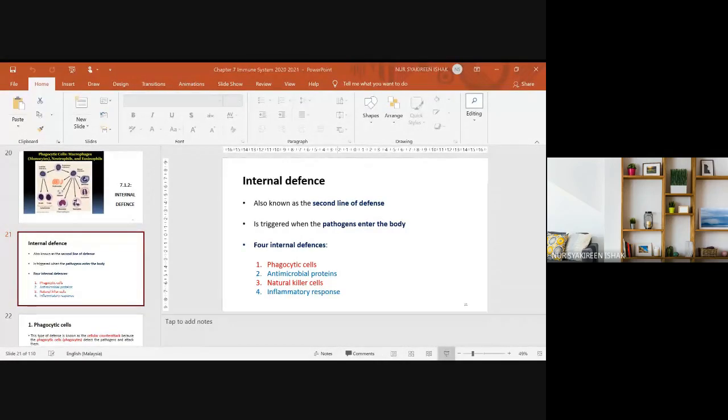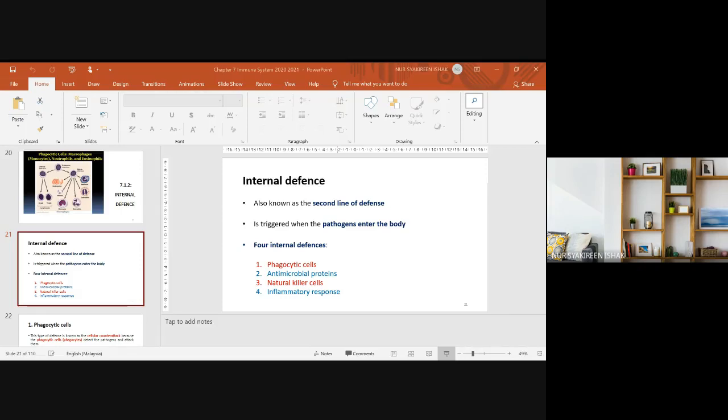Okay, so internal defense. Okay, so again, internal defense is second line defense. So ingat innate immunity, first line and second line. Okay, first line is external barrier.